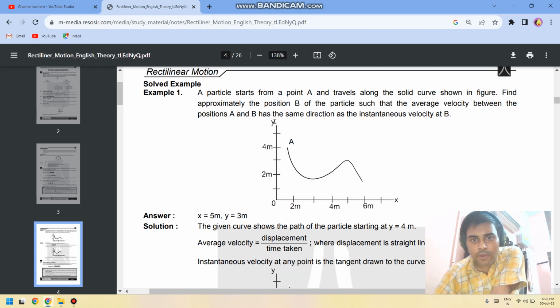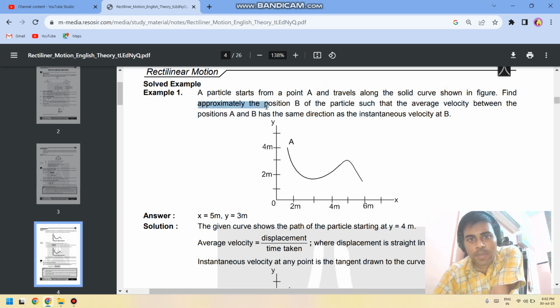Here is a graph of a particle with coordinates y and x, where x is written 2 meter, 4 meter, 6 meter, and y is written 2 meter, 4 meter. The question is: a particle starts from point A and travels along the solid curve shown in the figure.